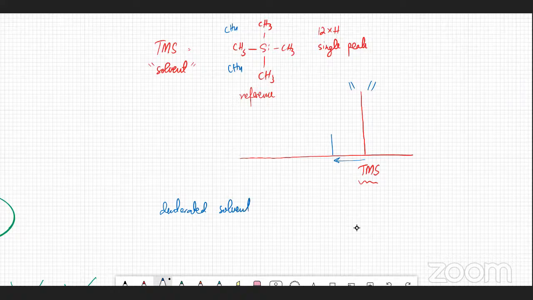Deuterated solvents like CDCl3 don't have a hydrogen, so they're not going to cause any resonance. So when you do the NMR spectrum, the solvent is not going to be your headache, because no resonance would be caused by it. That's a deuterated solvent. You either use a deuterated solvent which doesn't have a hydrogen, so that the solvent in which you've mixed your molecule doesn't resonate, or you could use TMS.